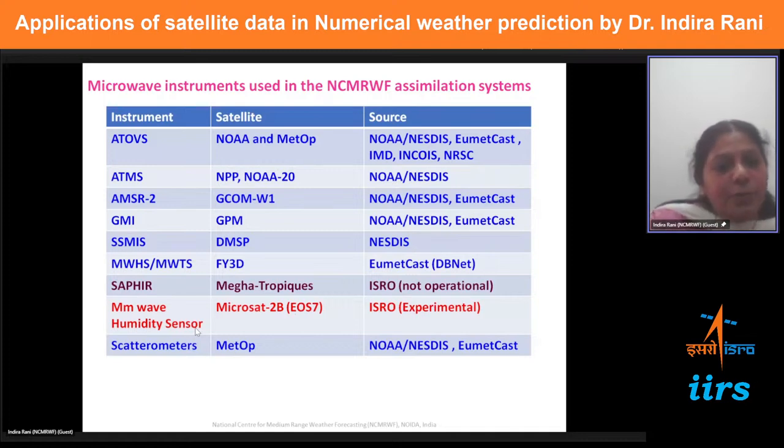Then we have the scatterometers on METOP-B and other satellites, like the ASCAT scatterometers from NOAA NESDIS and EUMETSAT. And we have the Oceansat-3 scatterometer data also. Since June, NCMRWF started receiving the Oceansat-3 scatterometer data from NRSC. So that also we are assimilating in our operational systems.